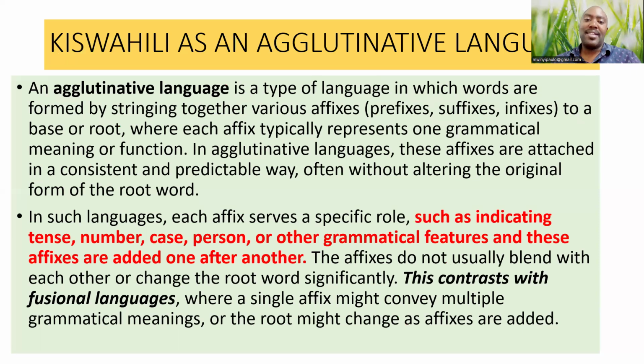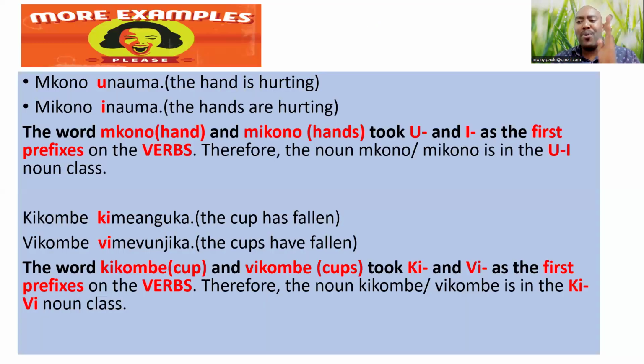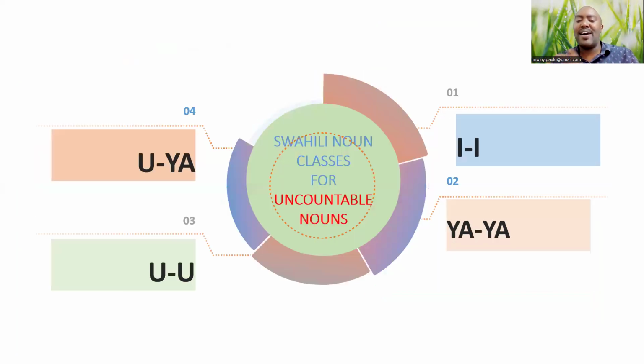So in my next recording, we shall look at each of these noun classes one after another until you've mastered them. I can assure you without any iota of doubt whatsoever, once you master the noun classes, Swahili will be, I don't know which adjective to use, it will be so easy.